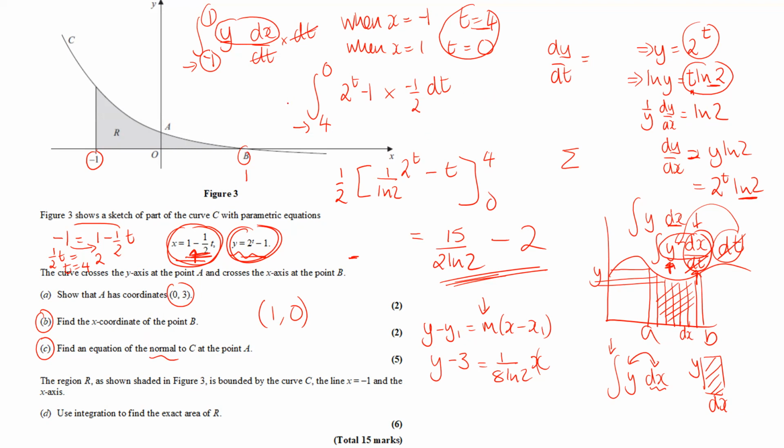Yeah, because when you have a minus here from this -1/2, can you see these limits are back to front? When you integrate normally, say I'm going from 0 to 1 and the area is above, I'm going to get a positive area.